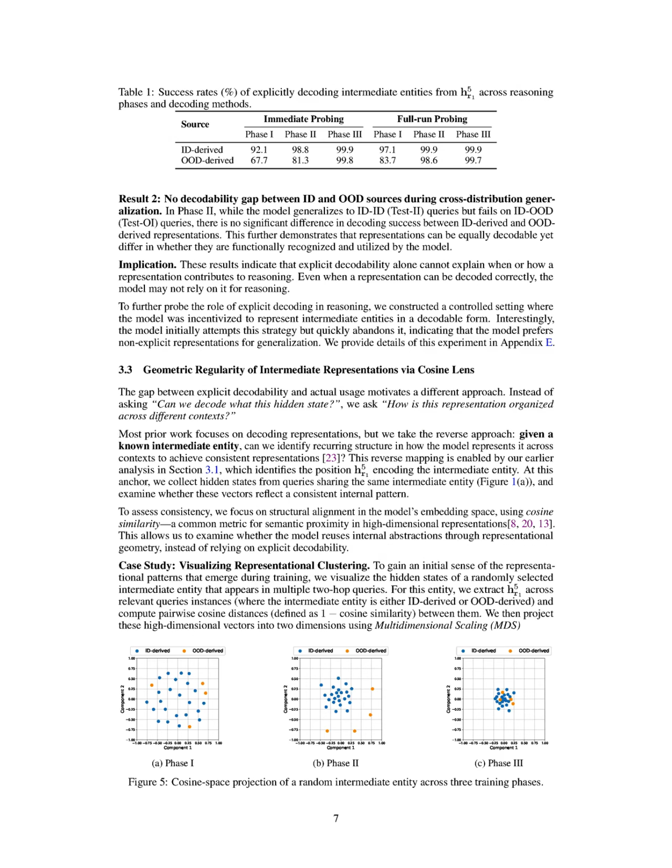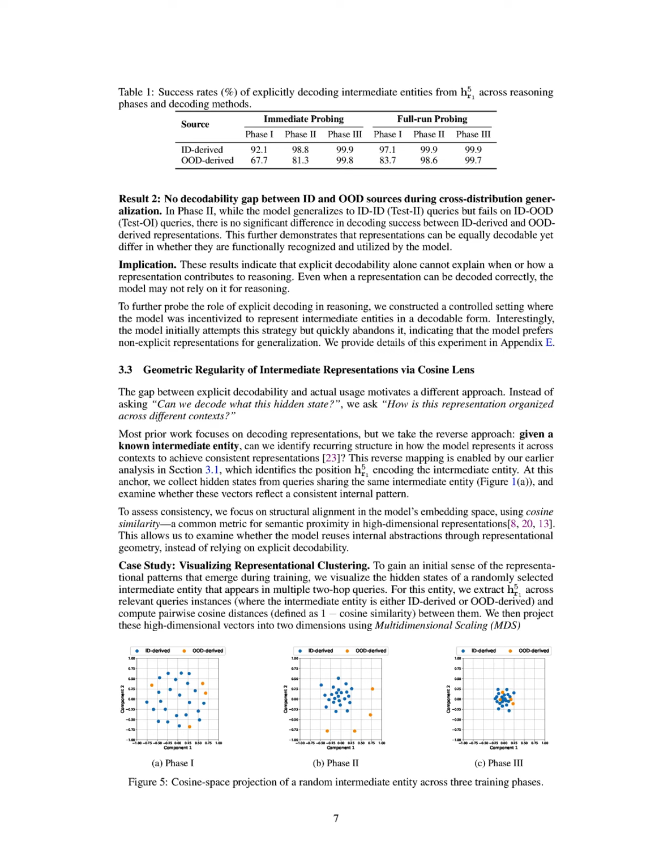The cosine-based representational lens, on the other hand, focuses on examining the structural consistency of internal representations across different reasoning contexts. By collecting hidden states corresponding to the same intermediate entity from various queries, the method assesses whether these representations exhibit a consistent geometric pattern in the model's embedding space, using cosine similarity as a metric for semantic proximity.